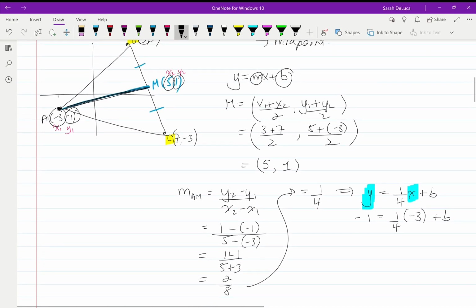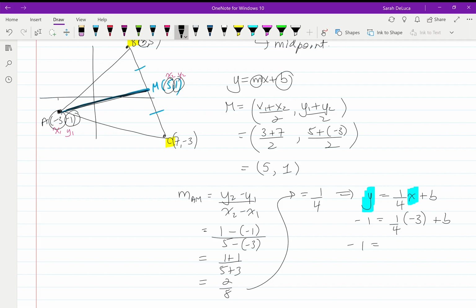I'm going to simplify here. So -1 equals, how do I multiply fractions? I multiply across the top and the bottom. So that gives me -3 over 4 plus B. And then I need to isolate for B, so I'm going to add 3/4 to this side to leave me with B. And again, that needs a common denominator. I'm going to multiply this by 4. So B is equal to -4 over 4 plus 3 over 4.